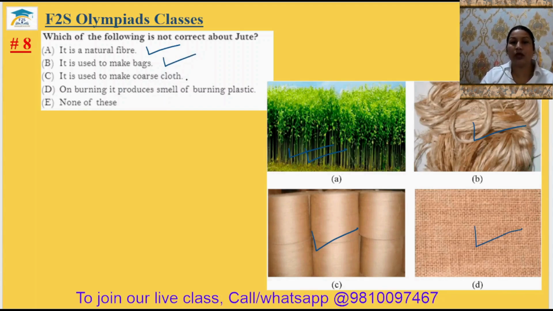It is used to make coarse cloth. Yes, the fiber obtained from the jute plant is coarse fiber, and coarse cloth means thick cloth. On burning, it produces the smell of burning plastic. No, synthetic fiber burns like plastic. So the eighth answer will be option D.